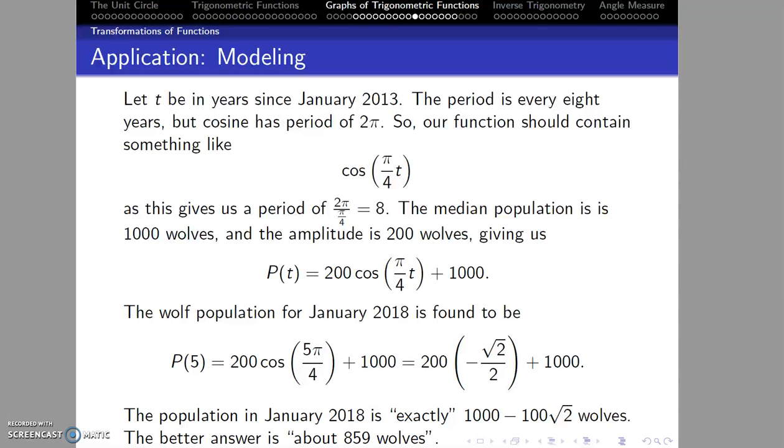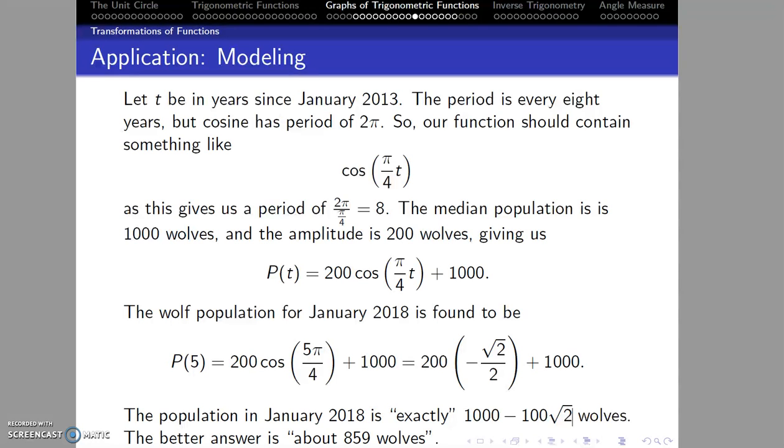Please tell me instead how many wolves we should actually have, that number being 859. If you were to actually run this expression into a calculator and get the decimal value for wolves, rounding appropriately, you get about 859, 860 wolves. That's up 60 wolves from the year before, so a little less than a 10% increase, maybe about an 8% increase in population. Not bad.